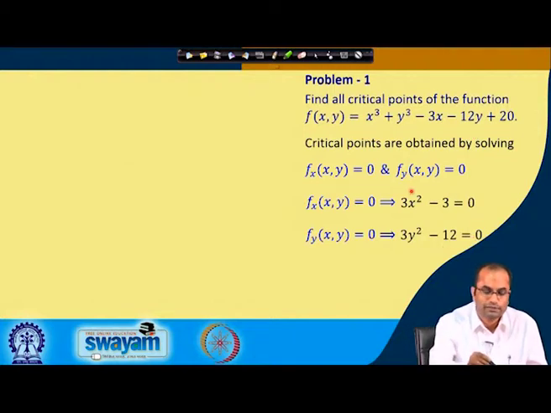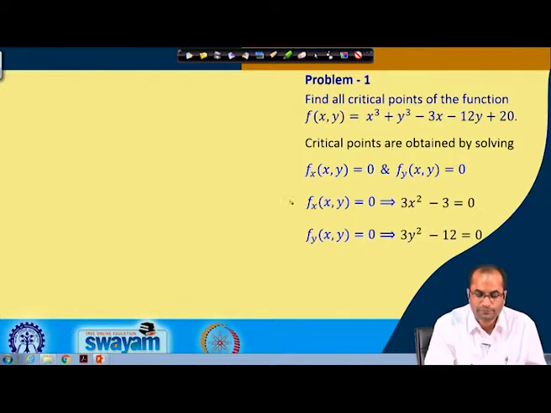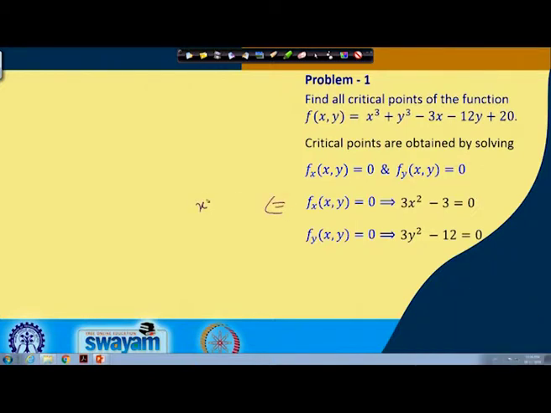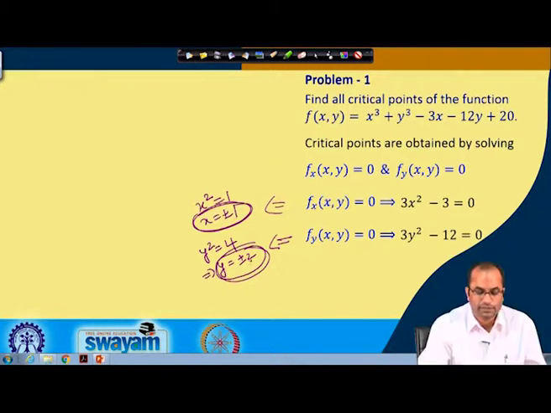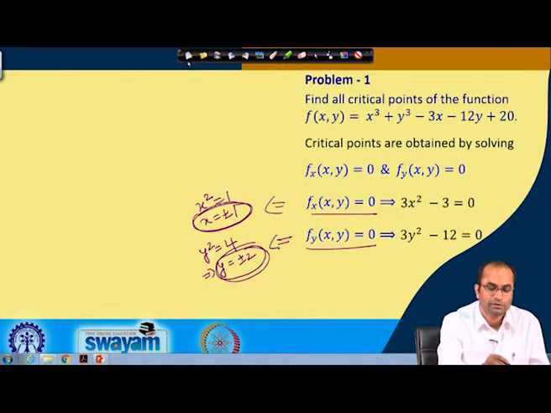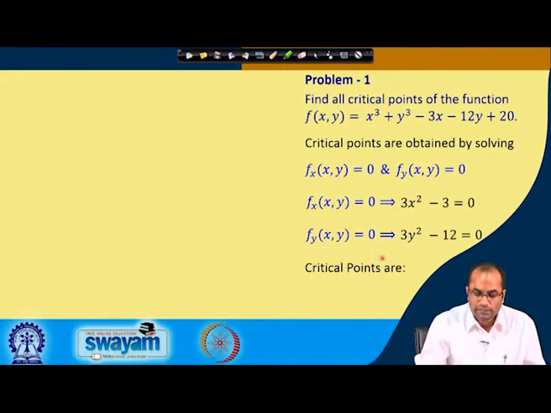Out of these, from the first condition we get x square equal to 1, so x is plus or minus 1, and from the second condition we get y square equal to 4, which implies y is plus or minus 2. So, for x equal to plus or minus 1 and y equal to plus or minus 2, f x is 0 and f y is also 0. So, these are the critical points.